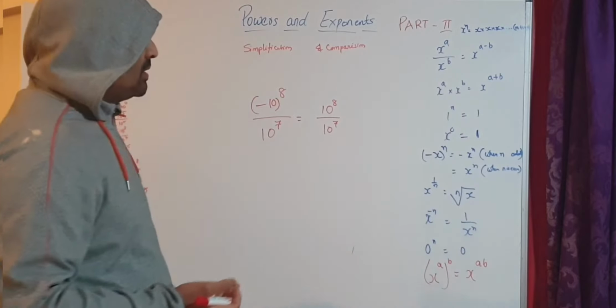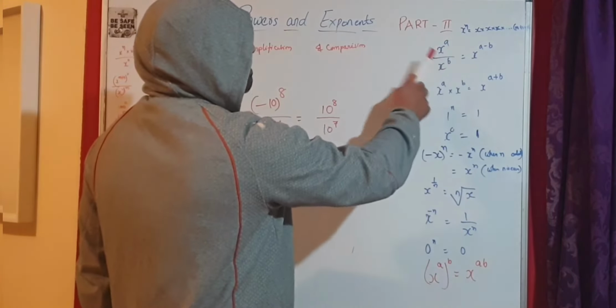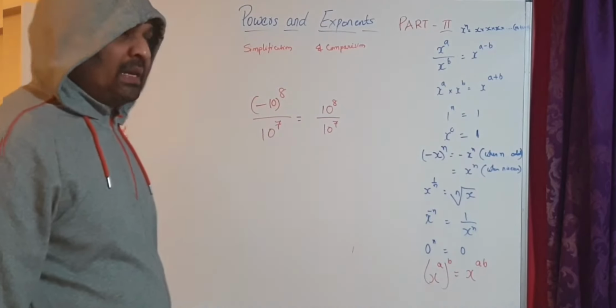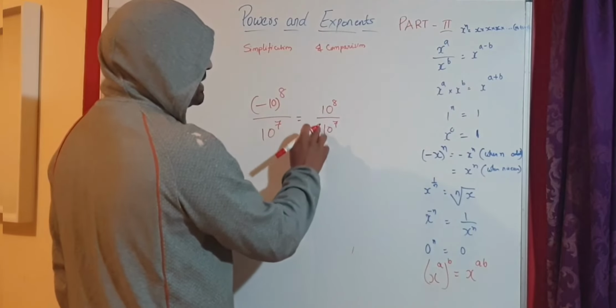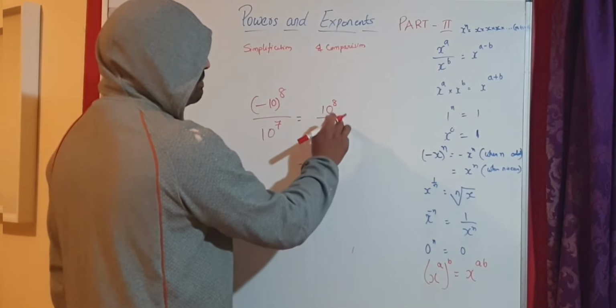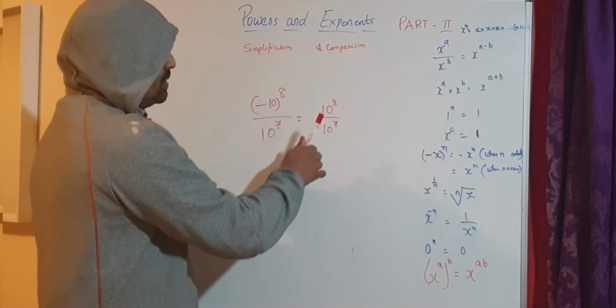There's another formula that you can apply here. That formula is this one: x to the power of a divided by x to the power of b is equal to x to the power of a minus b. When you apply this formula, in both cases we have the same base and different powers, and there's a division in between these two.